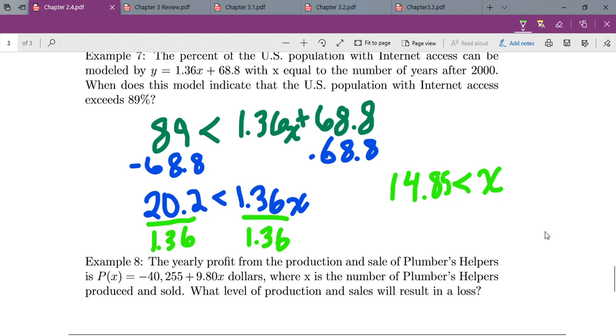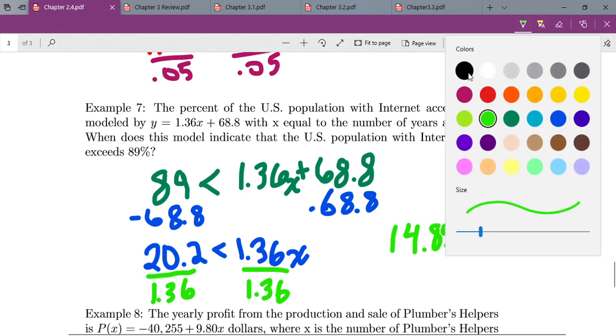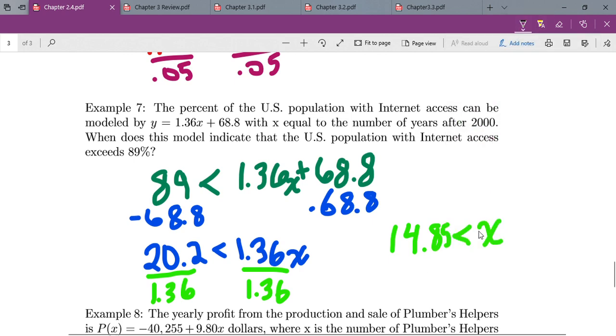Okay, now let's look at the context of the problem and try to give it an answer that actually makes sense. So it says x equals the number of years after 2000. When does the model indicate the U.S. population with internet access will exceed 89%? So let's round to the nearest whole number so we can talk about a whole year. So we'll round to 15. So in year 15 is really when it's going to hit it.